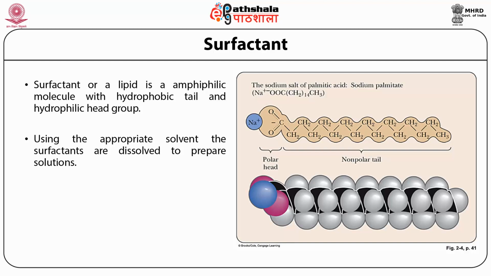Then we dissolve this lipid or surfactant in a given solvent. Usually organic solvents such as chloroform are used, in which the surfactant molecules can be dissolved properly before spreading onto the water trough.